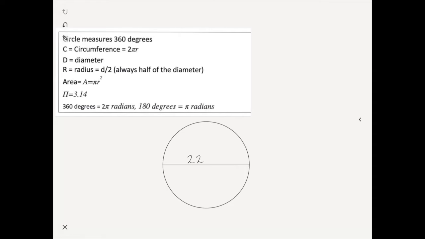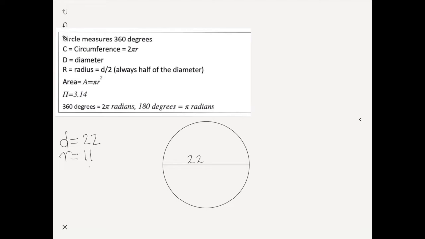So now my diameter is 22. So if my diameter is 22, we can go ahead and write D is equal to 22. If you can guess, the radius would be 11. So remember, the radius is always half of the diameter. So if you do 22 divided by 2, we're going to get 11.